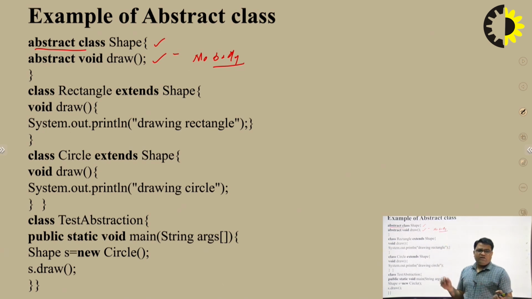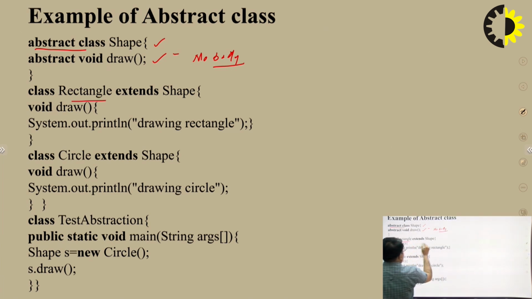It is the responsibility of the subclass that extends this abstract class to complete this abstract method and provide the body of the method. Here, one class is Rectangle, which extends the abstract class Shape and completes the body of this method, that means provides the logic of that particular method.